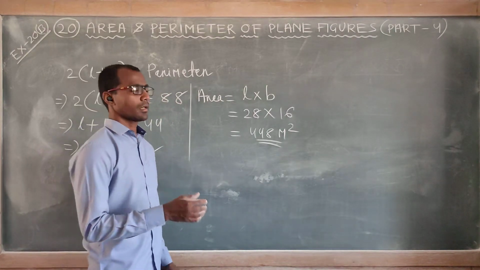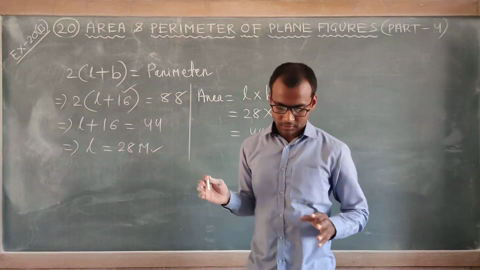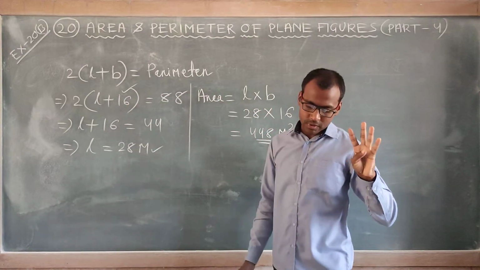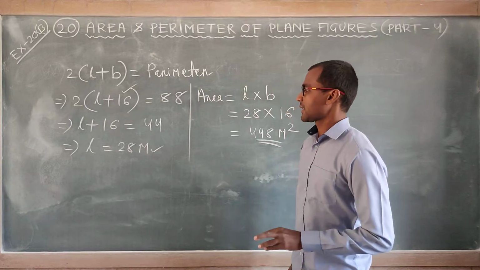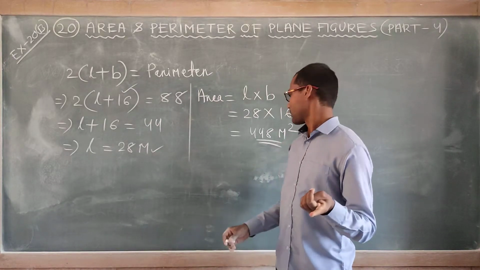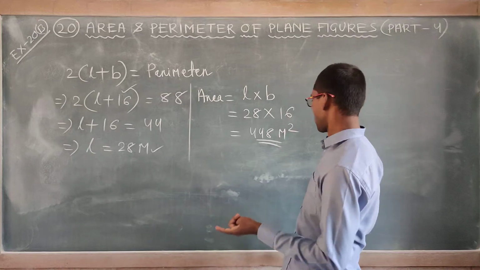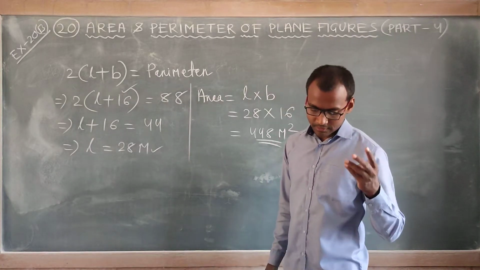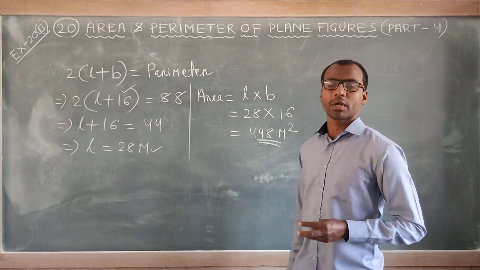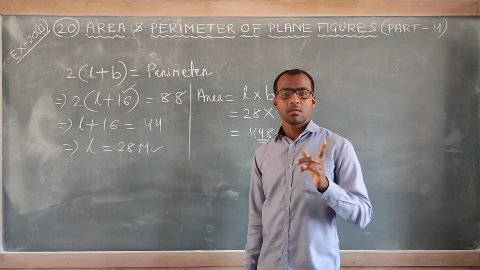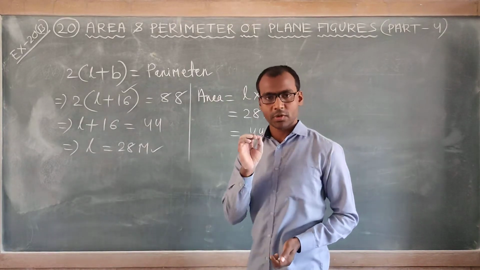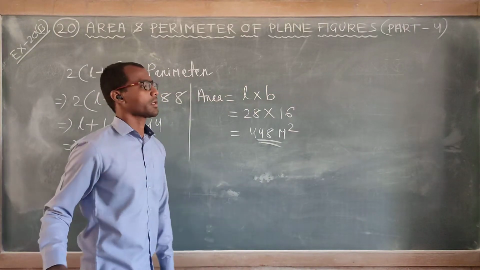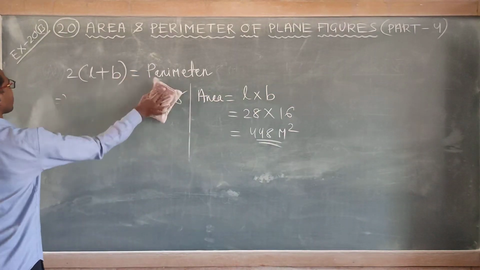Okay, you can see area is changing. The area of the square was 484 square meter. The area of the triangle became 300 something. The area of the rectangle became 448 square meter. So area is changing, but perimeter will never change. Remember this trick for wire problems. Perimeter doesn't change because length of wire doesn't change.